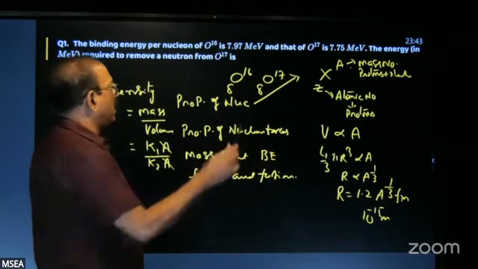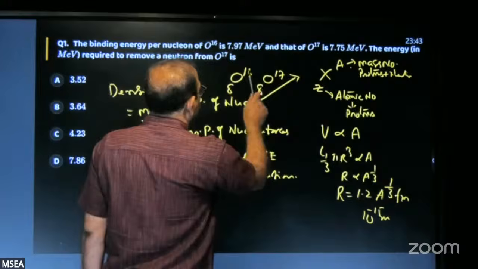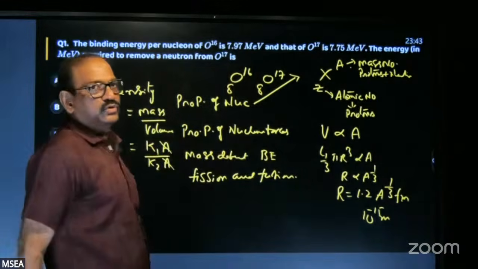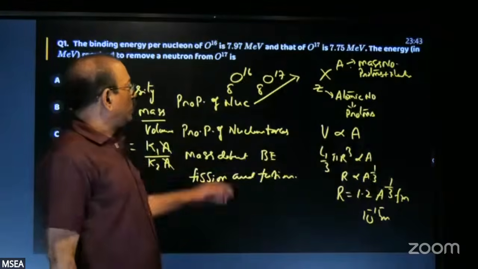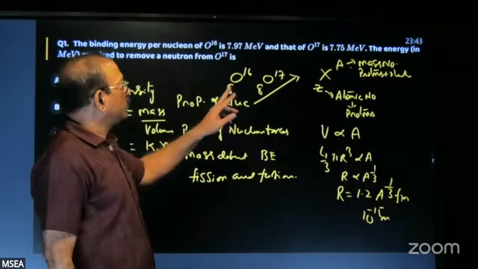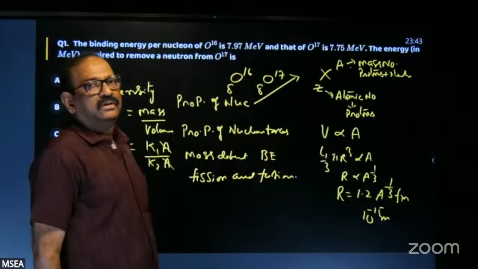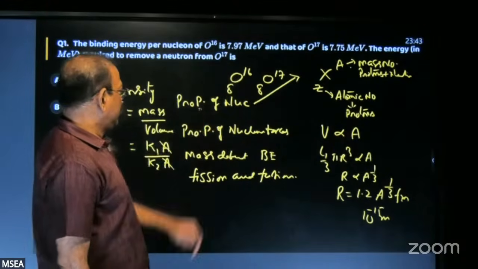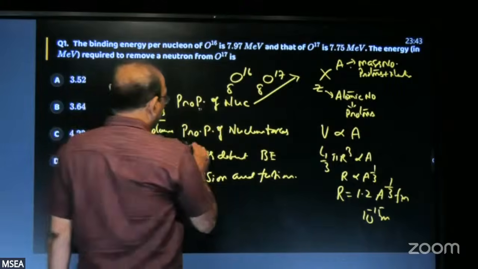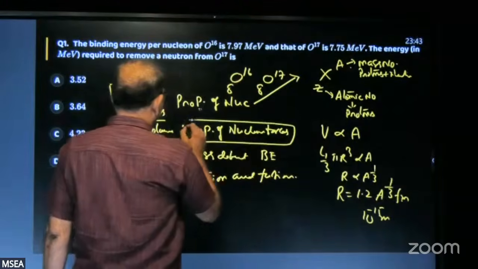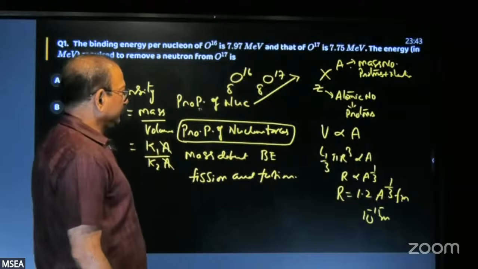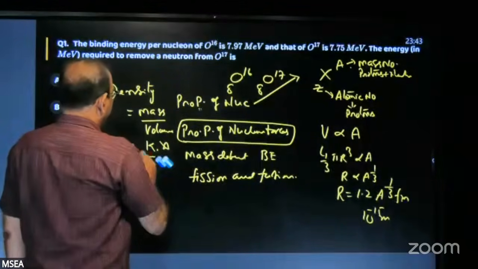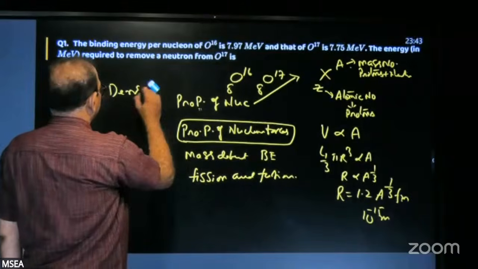Like that, isobars will have the same mass number but different atomic numbers. Isotones will have the same neutron number. These are the properties of nucleus. Next, properties of nuclear forces. Revise it daily. Remember these properties.